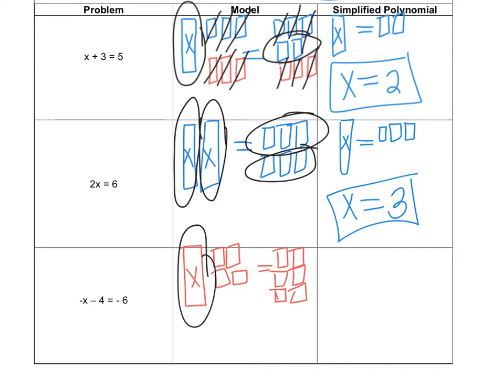So I need to get these 4 negatives and get them to the other side. And by doing that, we can eliminate them by adding in 4 positives. Oh, let me turn that to blue. And since we added in 4 positives to the left, I need to add in 4 positives to the right.